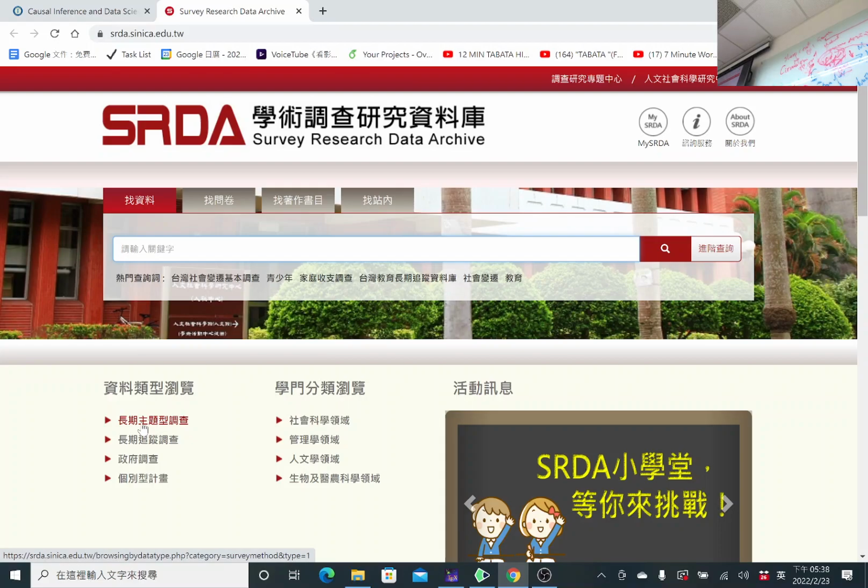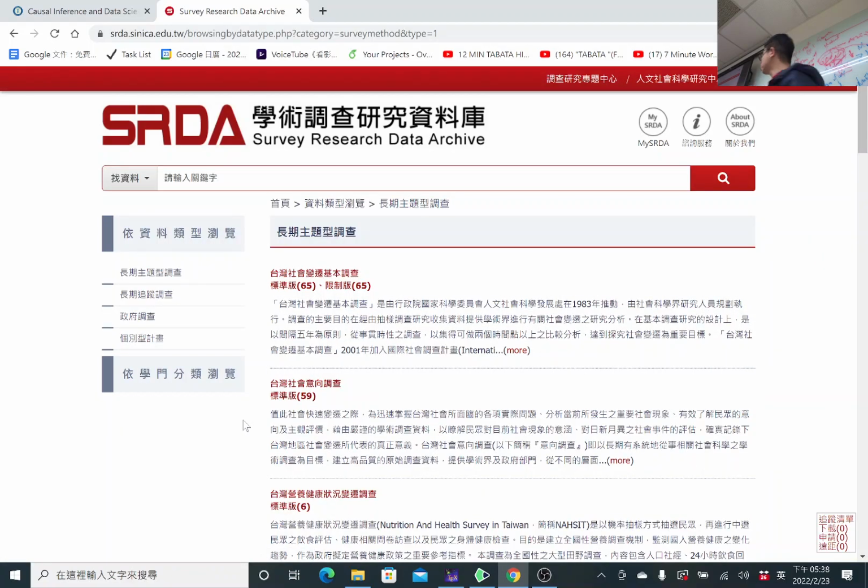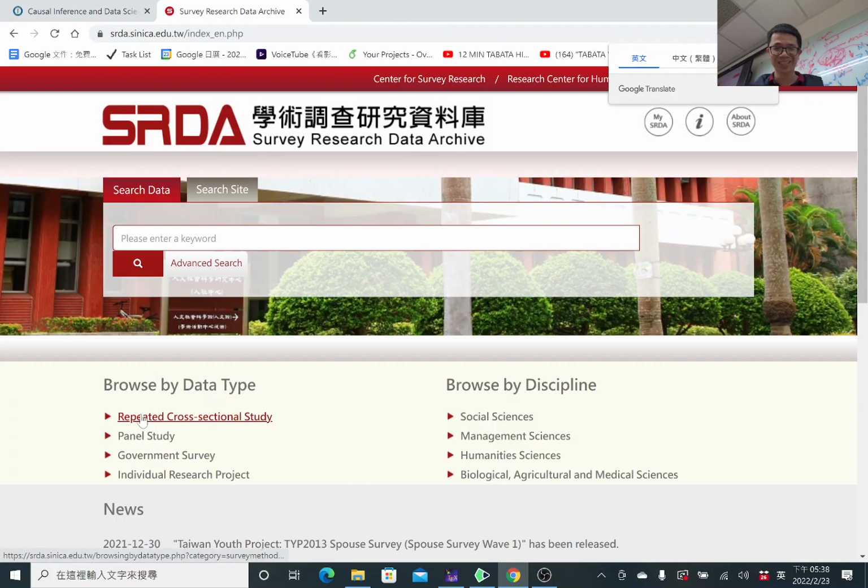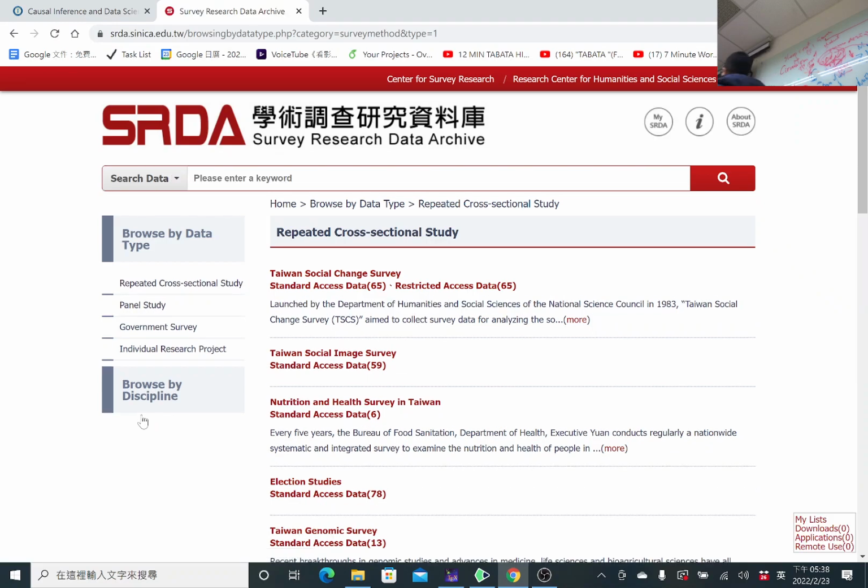They have several types, so you can click through, or if you directly know the survey name, you can put in keywords. There are several surveys with English versions, though some only have a Chinese version, which foreigners maybe cannot really use. But several have an English version, and you can click the one you want.